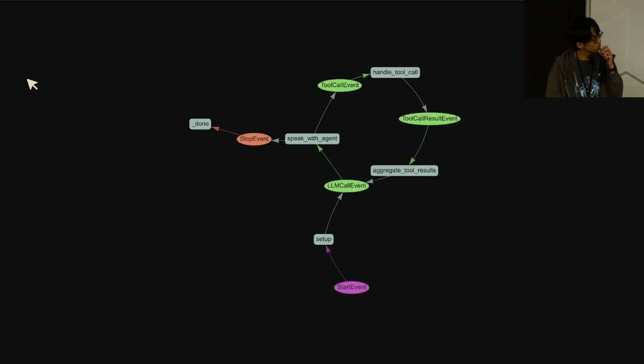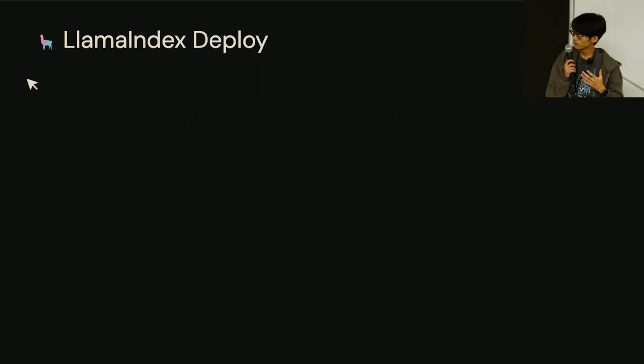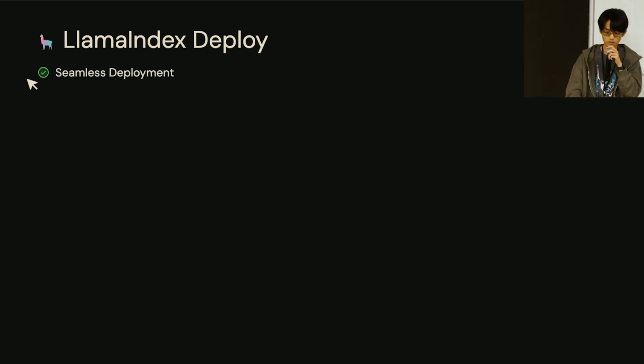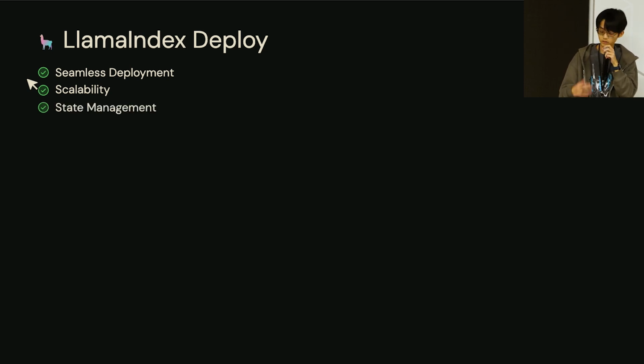If you already have a workflow and you want to deploy it, we have LlamaIndex deploy, which supports seamless deployment and scalability, and we have state management, and it's also async first.